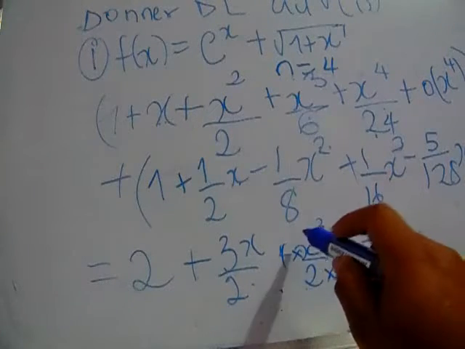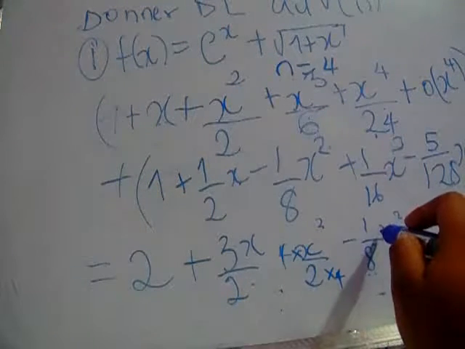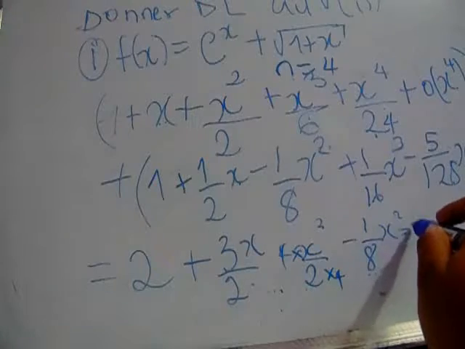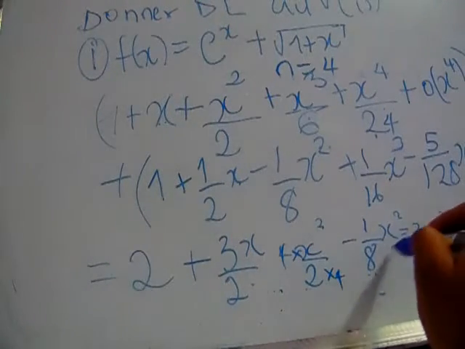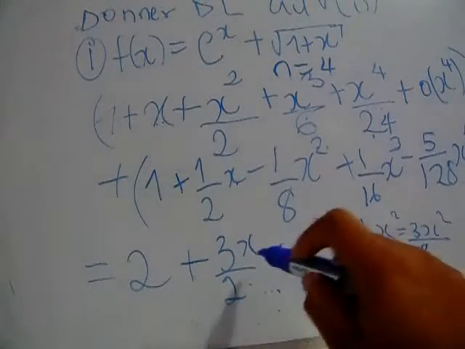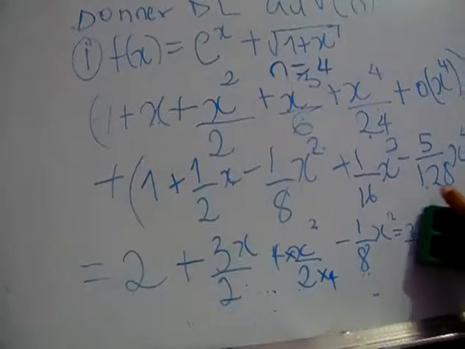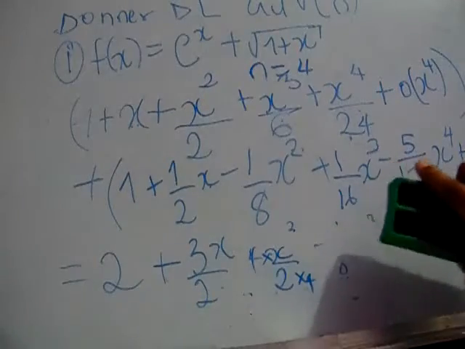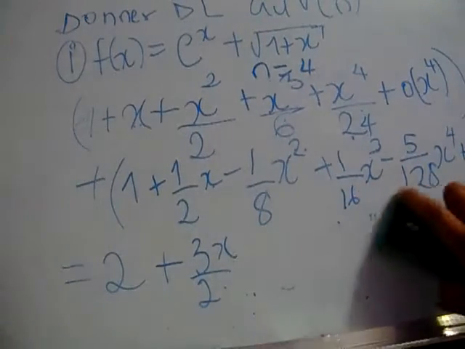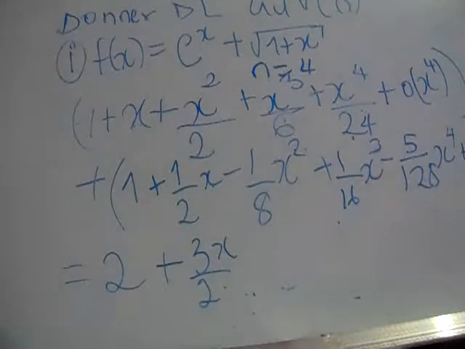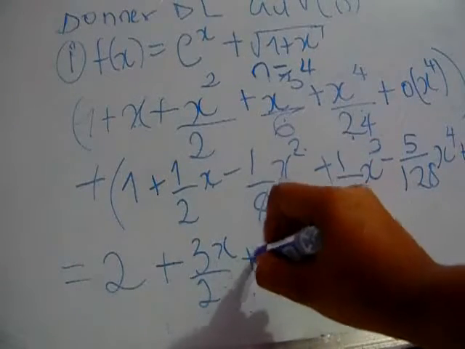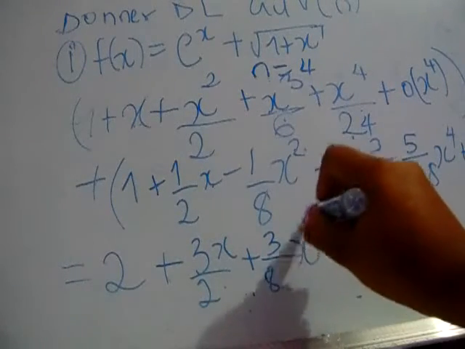So if we do that, we're going to have 4x squared minus x squared, which will give us 3x squared all over 8. So for the order of 2 here, we're going to have 3 over 8 x squared, that's plus 3 over 8 x squared.